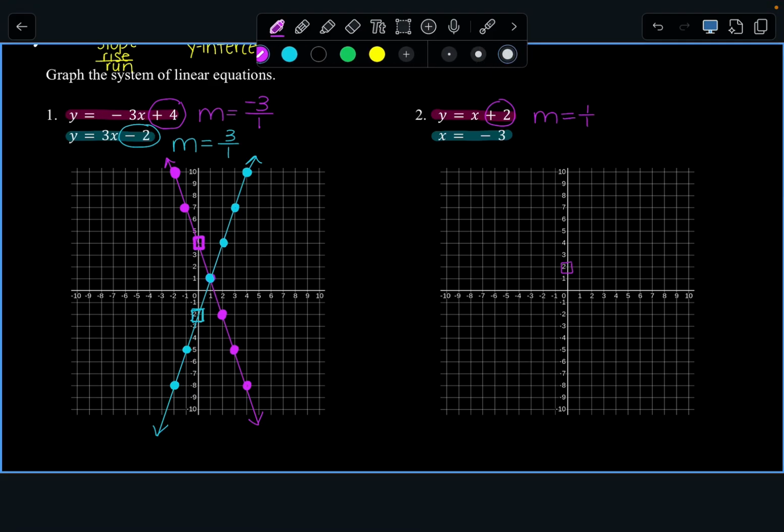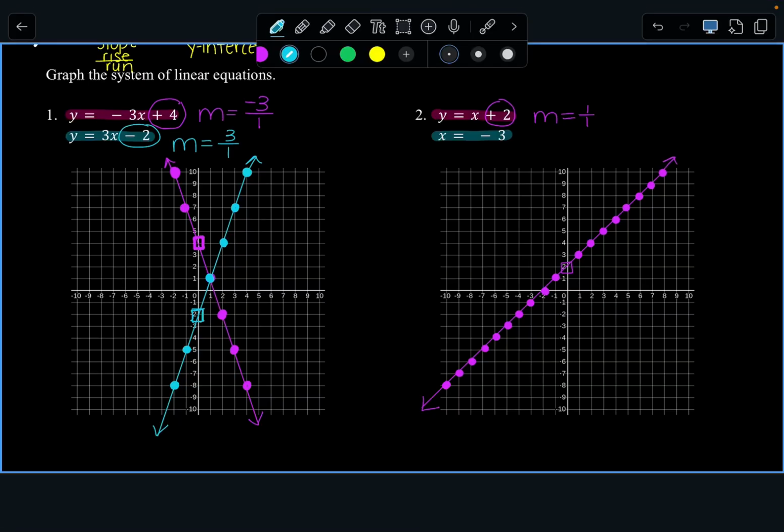This means we're going to go up 1, right 1, and continue doing that until we fill our graph. We are also going to go down 1, left 1. Connect it with a nice straight line.